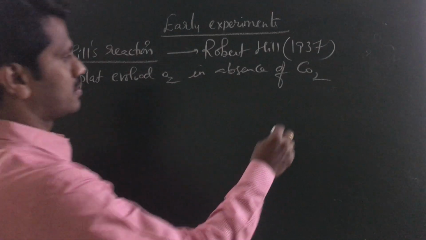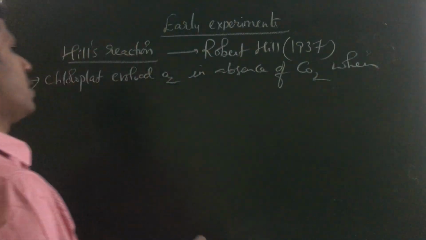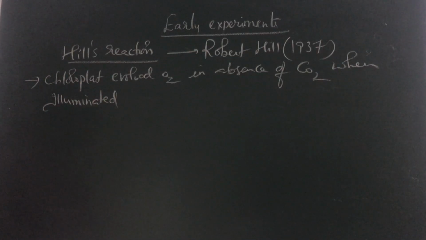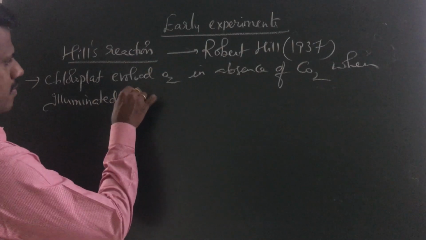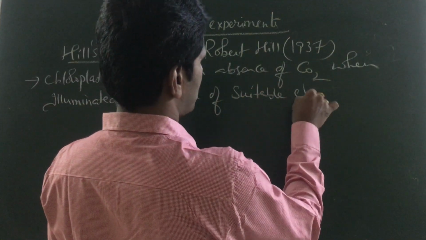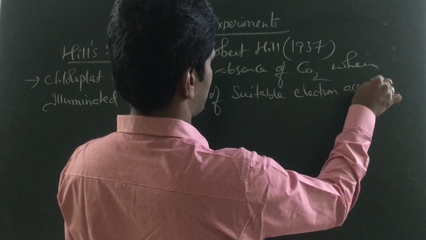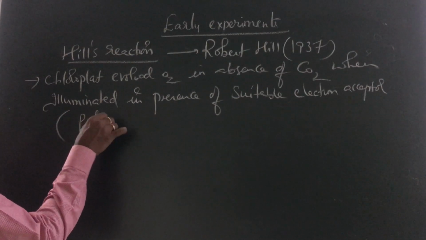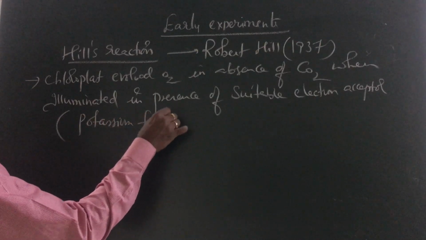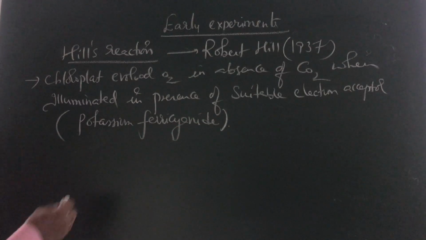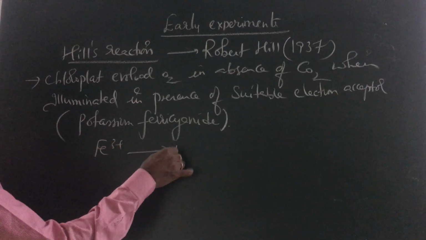When illuminated in the presence of a suitable electron acceptor, that is potassium ferricyanide, Fe3+ turns to Fe2+.